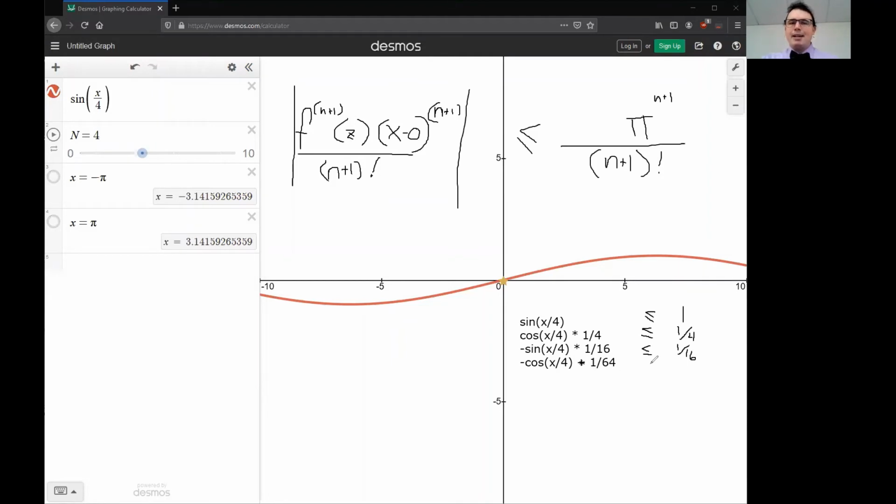I know that minus the cosine is always going to be a number less than 1, but then I have to multiply by 1/64. So in my overestimates, I can replace this derivative by the number 1 over 4 to the power n plus 1.